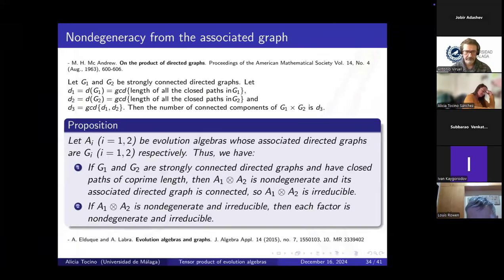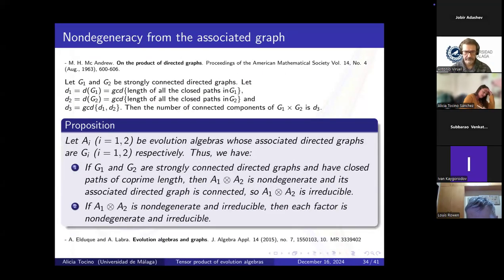Moreover, in the same paper, McAndrew gave a result regarding the number of connected components of the categorical product of two graphs.